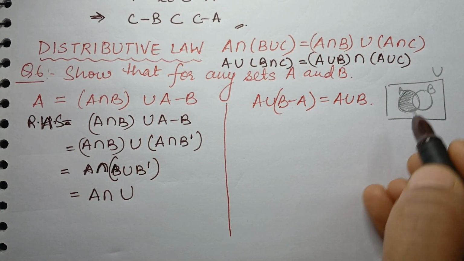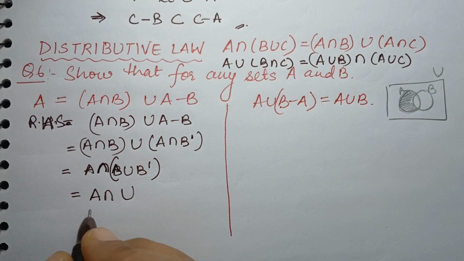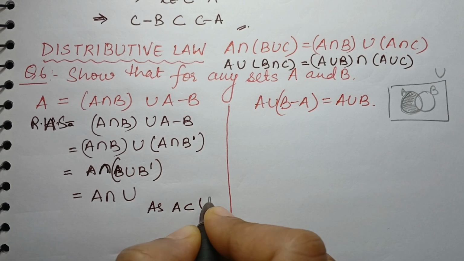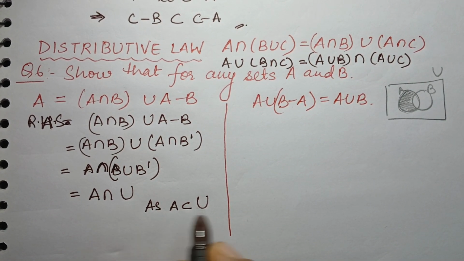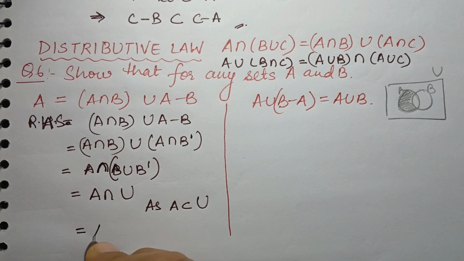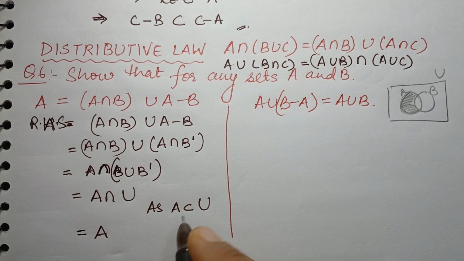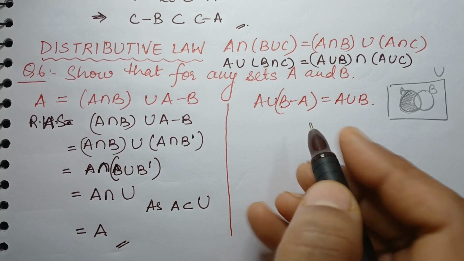If I take B and its complement, it will be the universal set. As A is a subset of the universal set, A is the smaller set. Intersection will always be the smaller set, union will always be the bigger set. So this is equal to A, because A is contained in the universal set. Hence proved.